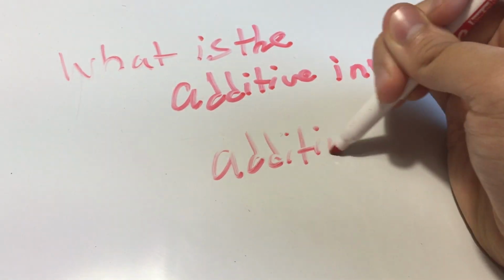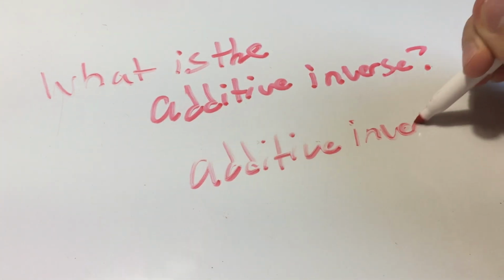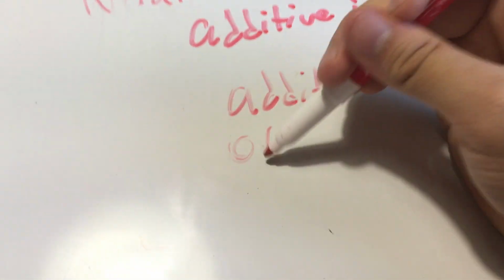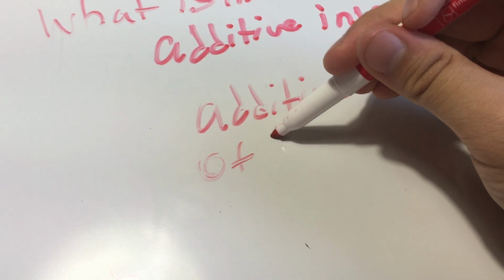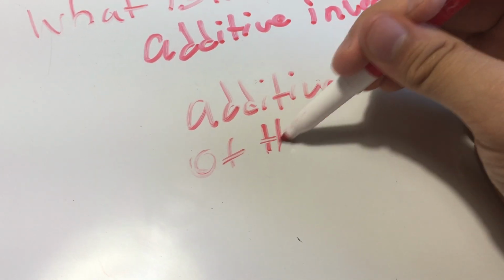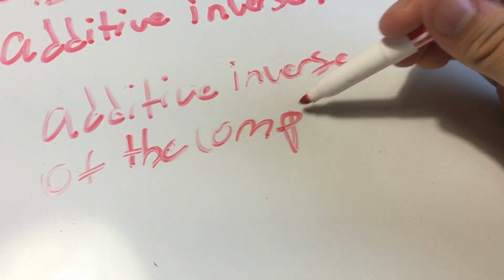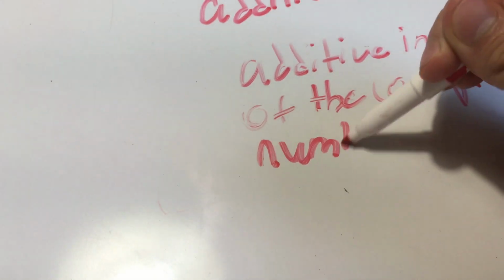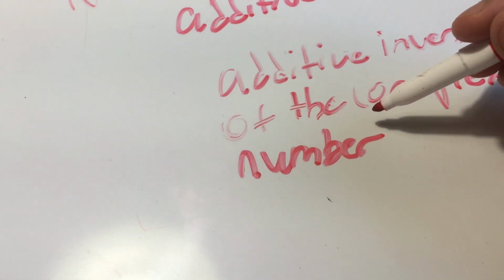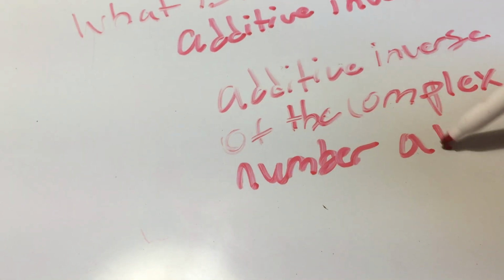The additive inverse of the complex number a plus bi.